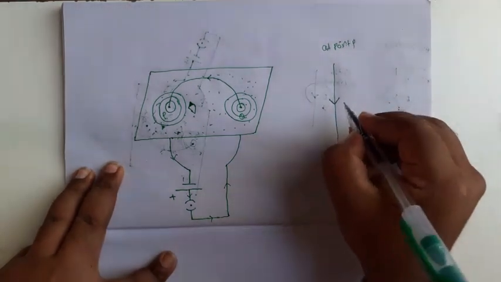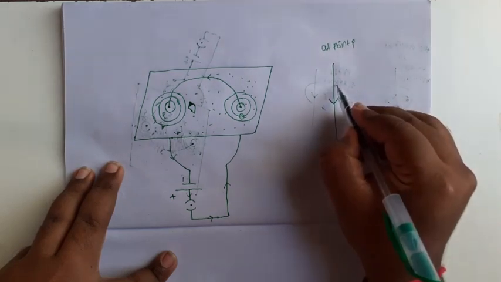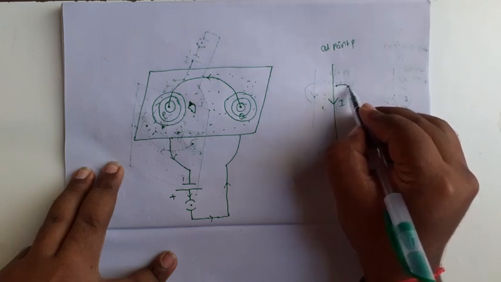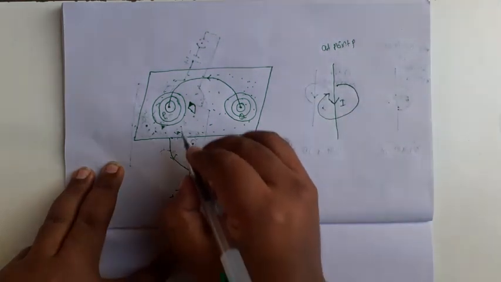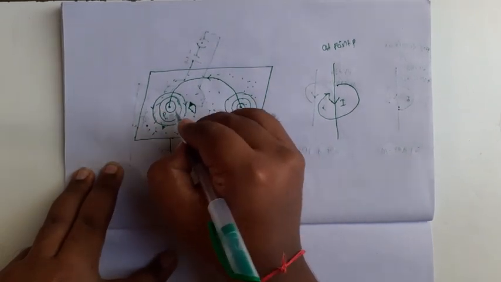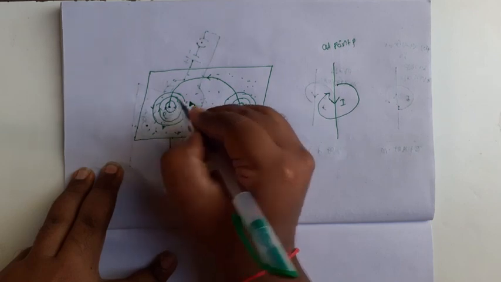When current flows downward, what is the direction of the magnetic field? The magnetic field is in the clockwise direction. So at point P, magnetic field lines are in the clockwise direction.